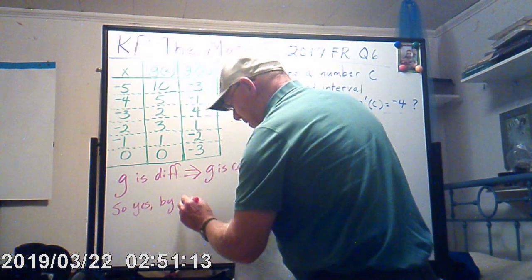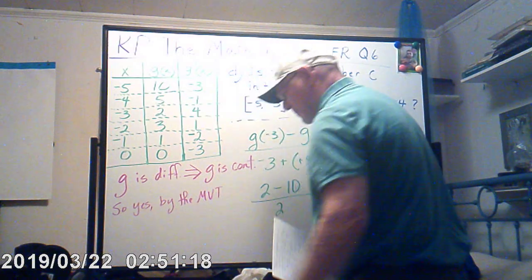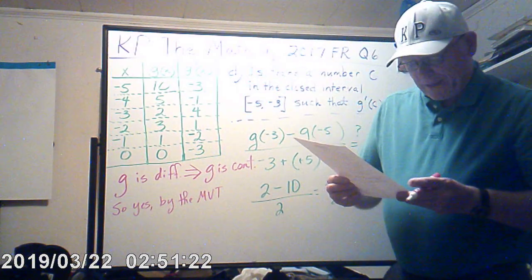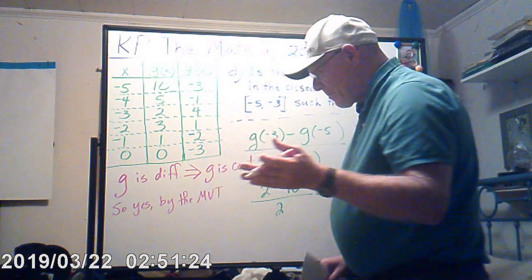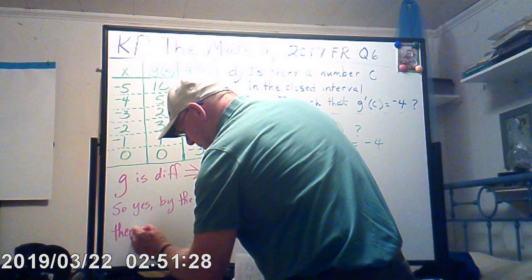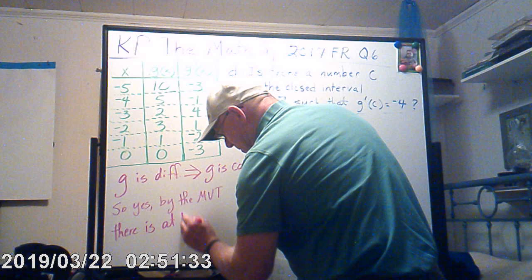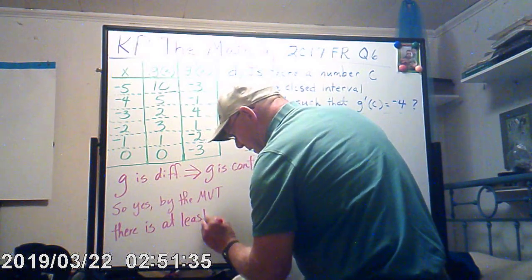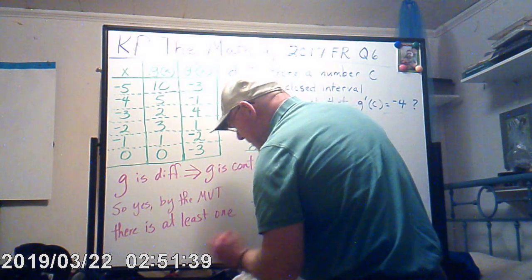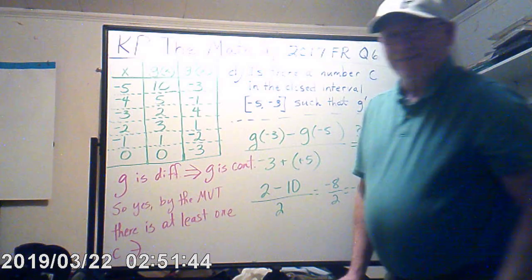By now, the mean value theorem, you have to quote that. There is at least, there could be more, there is at least one C such that, that's a word, isn't it?